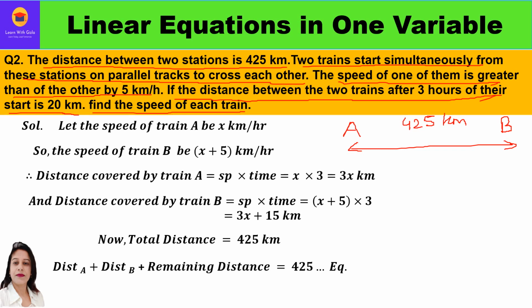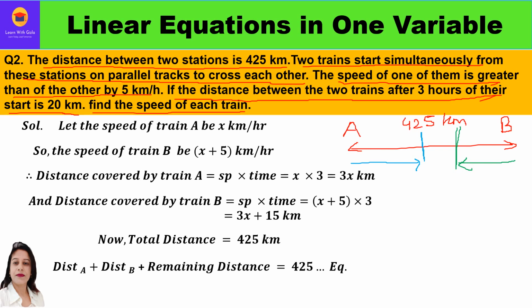So let us say train A is moving from station A and it has reached, let us say, this much point after 3 hours. So if the distance between the two trains after 3 hours is 20 kilometers, they are saying the two trains have moved towards each other for 3 hours. So they have covered some distance. Similarly, train B has also started from station B and covered some distance in 3 hours.